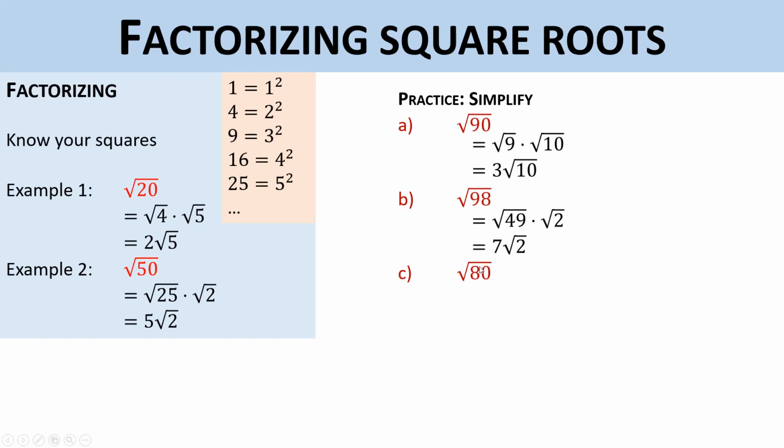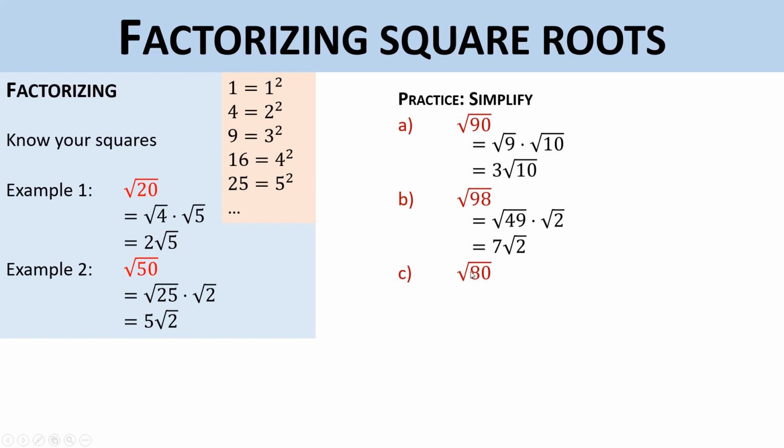Square root of 80, you could divide this by 4, and then in the end you get the square root of 4 times the square root of 20, which is 2 times the square root of 20, and then you'll see that you can do the same again for the square root of 20. So then you can solve this in 2 steps. It's slightly easier if you see immediately that you can divide 80 by 16.